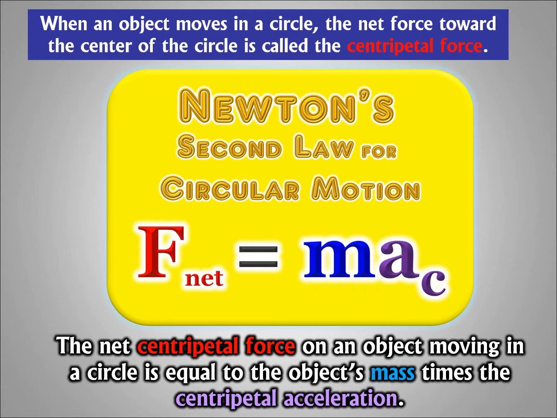So F net, which will be toward the center, is equal to the mass of the object times the centripetal acceleration. This is no surprise. It's Newton's second law again. The only difference is this applies to circular motion, and that's why it has that little c, because it's centripetal force, which of course is always toward the center.